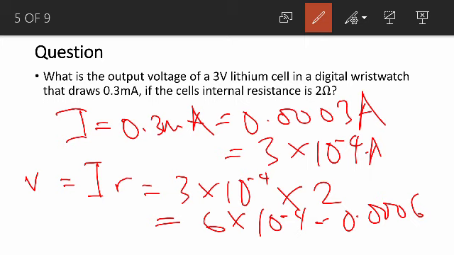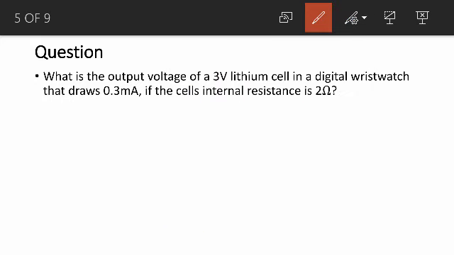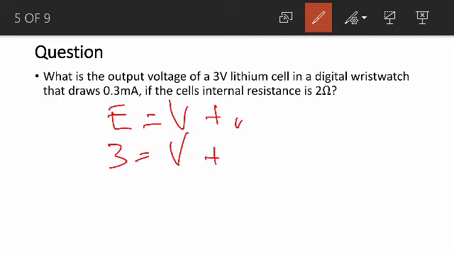Now, in this question, we are asked to find the output voltage. The output voltage is also the terminal voltage. Since we know the lost voltage, we can bring back our formula where we have that E is equal to the load voltage or the terminal voltage plus the lost voltage. Now your EMF is 3. We are looking for V, then plus the lost voltage, we just calculated it to be 0.0006.